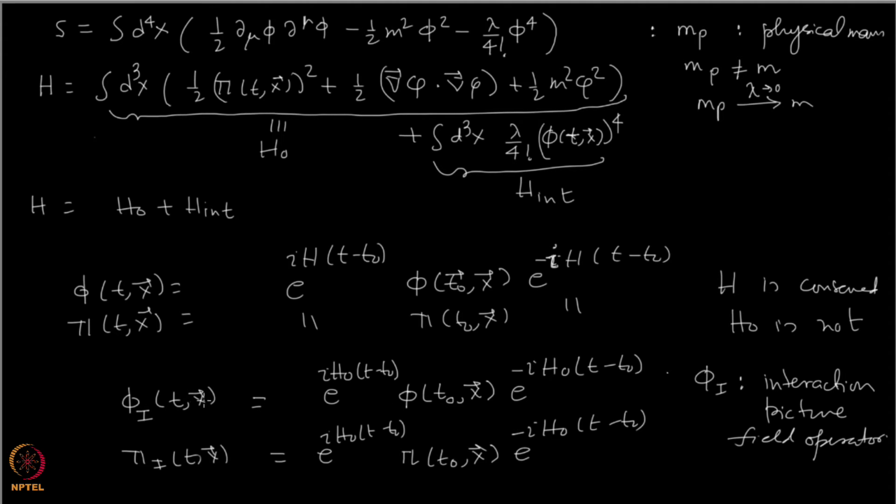That is useful because I then know how to deal with phi I and pi I, because they are just like free operators in free theory. So I would expect that they also satisfy commutation relations as they did in free theory, and that is something we can also check.